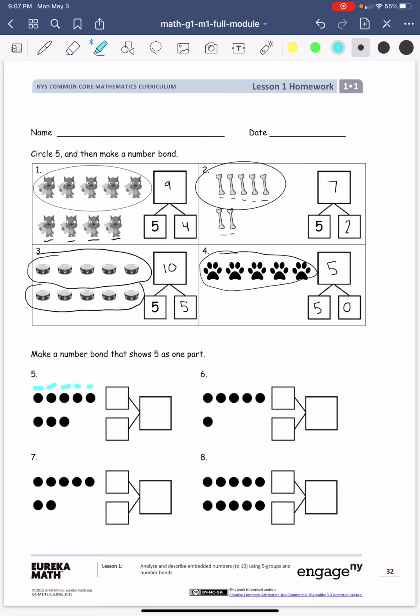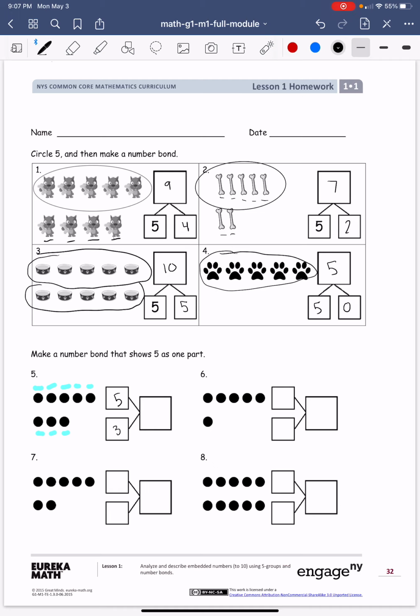Now, let's put the 5 in this part of the number bond. Let's count the next part. 1, 2, 3. Now let's put 3 in the next part of the number bond. Let's do 5 plus 3. I'm going to go ahead and count on my fingers, but you can count however you want.